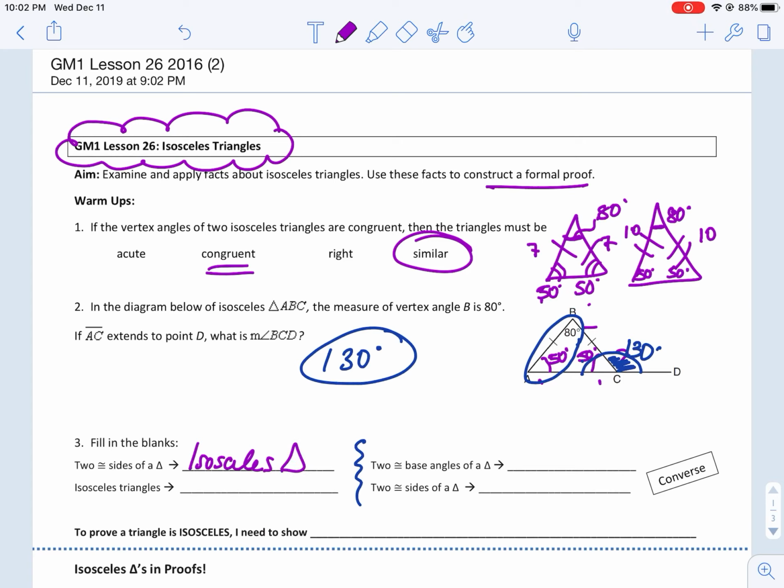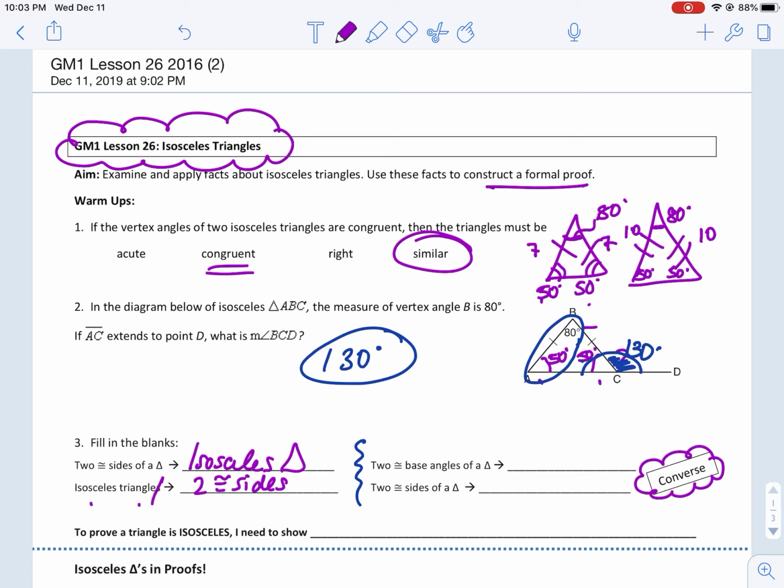And the other option would be if you know that you have an isosceles triangle, then you would know that you have two congruent sides of a triangle. Those are the converse of each other. So if you have two congruent sides of a triangle, you can say it's isosceles, or if you know you have an isosceles triangle, you know you get two congruent sides.